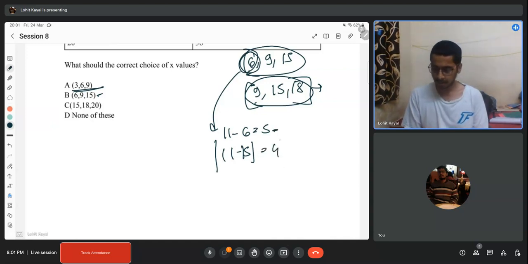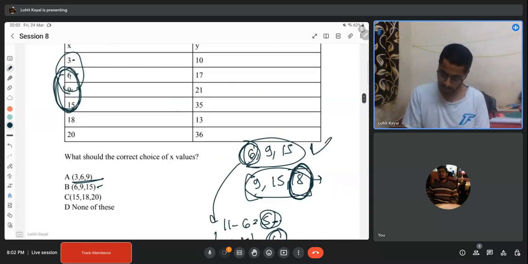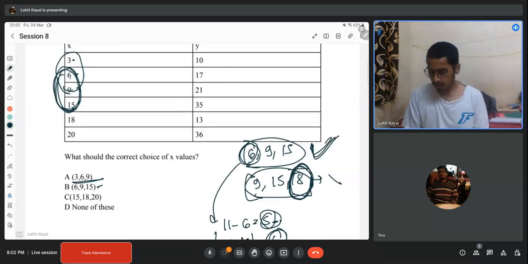So the difference from the starting point is 5 and from the ending point is 4. But here its difference with the ending point is 7, which is sufficiently large compared to these two. So this option should be the desired choice, not this option, right?